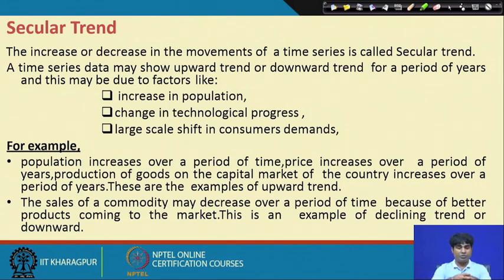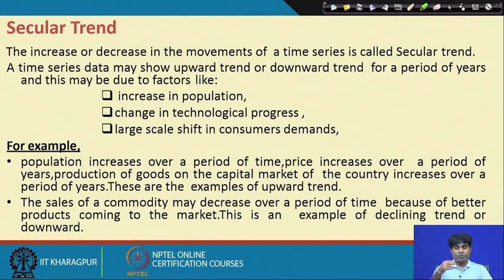A time series may show an upward trend or a downward trend for a period of years, which may be due to factors like increase in population, increase in demand, technological progress, or a large scale shift in consumer or producer supply or demand. For example, population, prices and production of goods increase over a period of years.